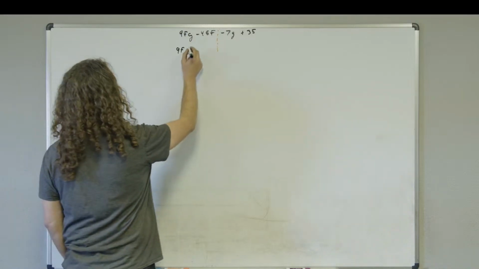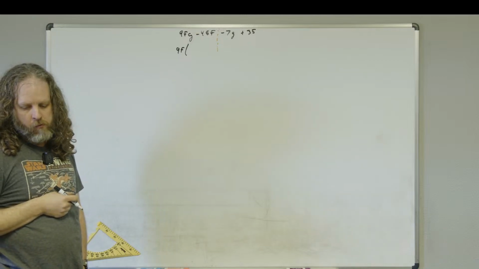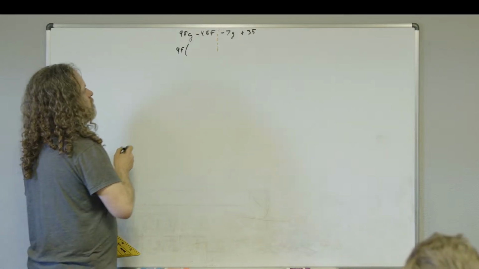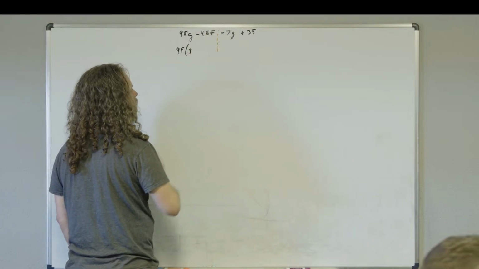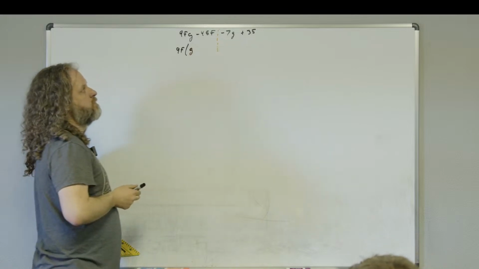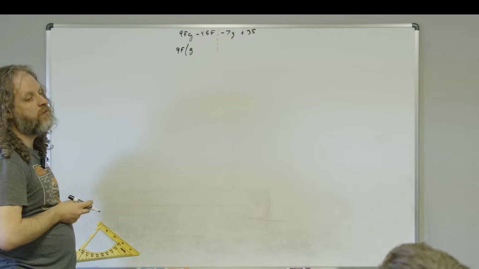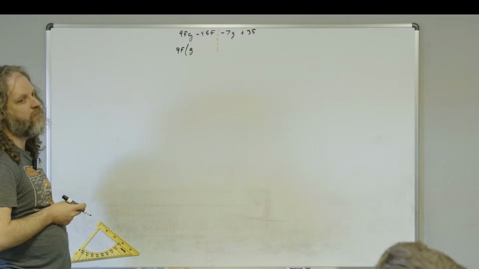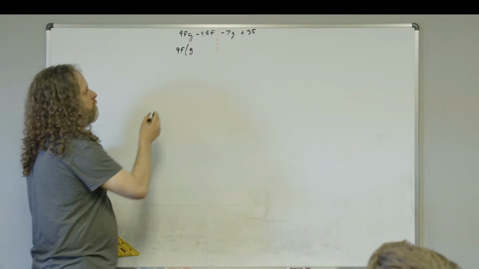And an F. I didn't copy anything down wrong. All right? We take a 9F out of the first one. What's left? G. And then what's left on the second one? Minus 45. Divided by 9, which is what? 4. No. 5. Minus 5.